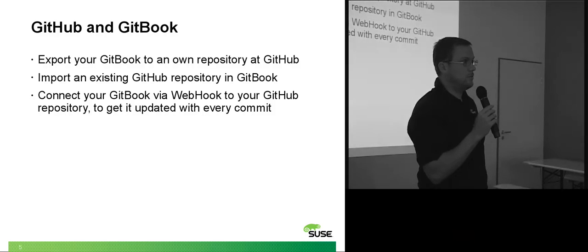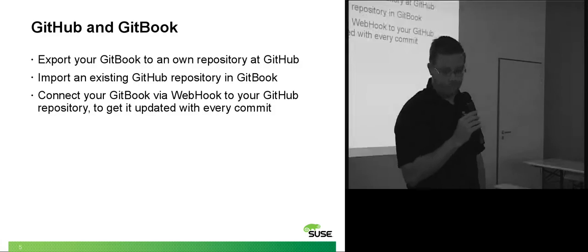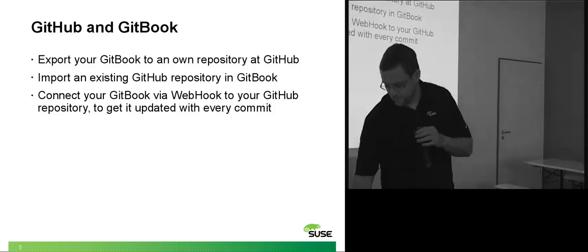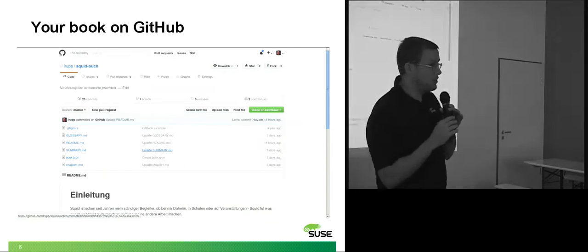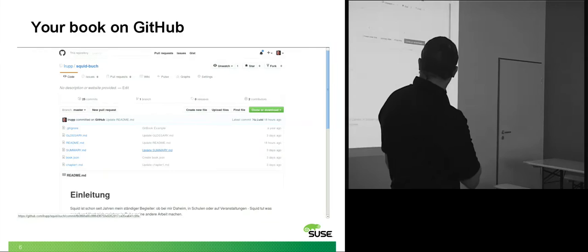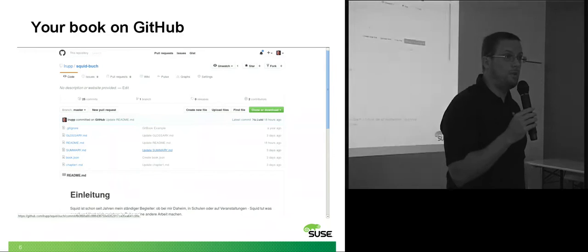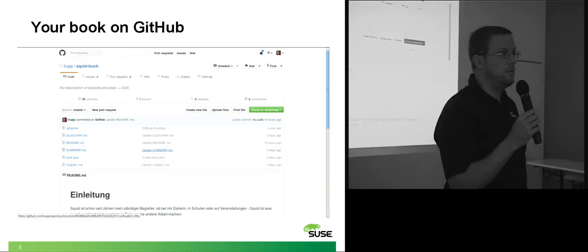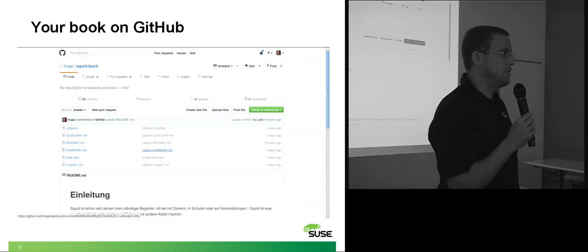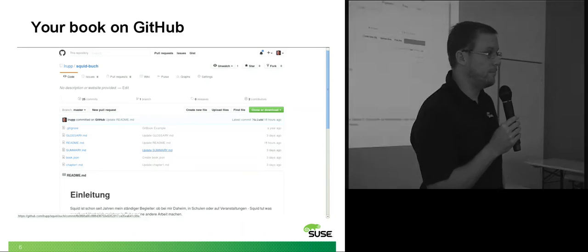So whenever you do a commit, your book will be updated automatically. And I guess this is something more or less everyone knows. That's GitHub. As you can see, you just have a couple of MD files, which are more or less like the chapters of your book. And then you're done.